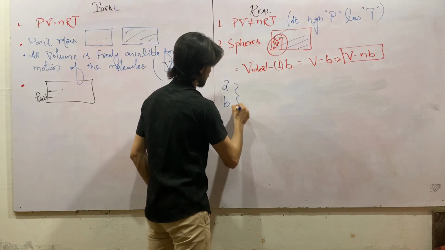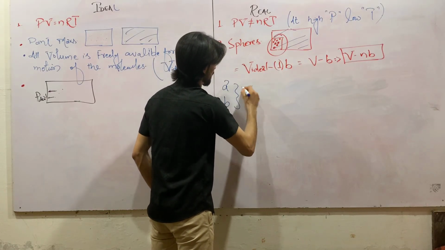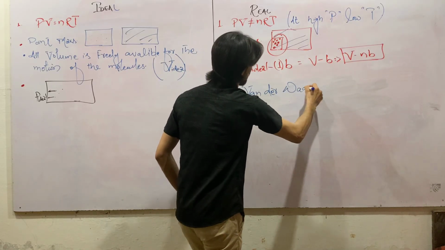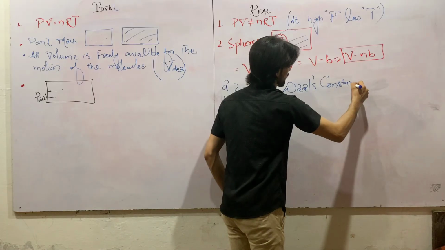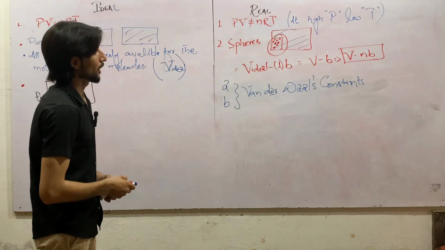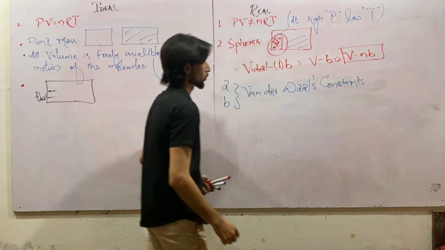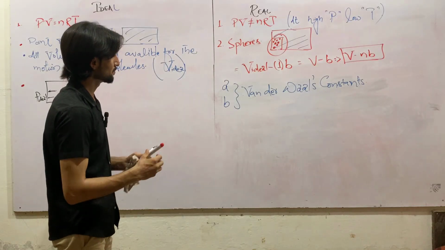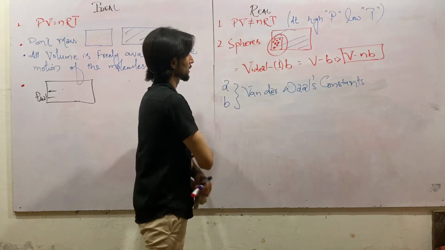Van der Waals constants. Okay, if I were to tell you that b is excluded volume, then you can tell me that b must depend upon the size of the particle.